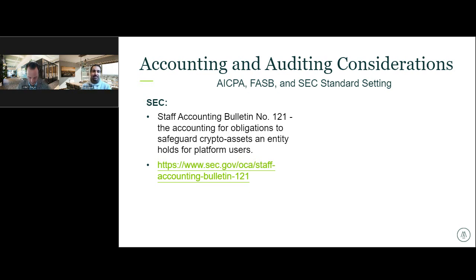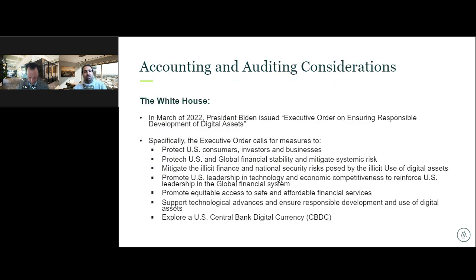So once again, I think as there's more and more traction when it comes to cryptocurrency, and it becomes more and more mainstream, we're going to see more regulatory requirements out there. And I know just recently there was an executive order on digital assets that President Biden issued back in early Q1 of 2022.